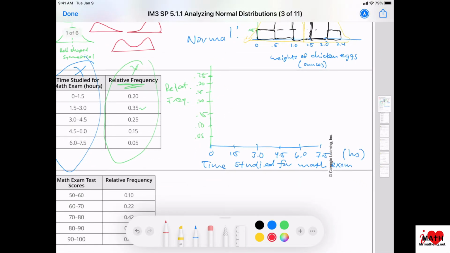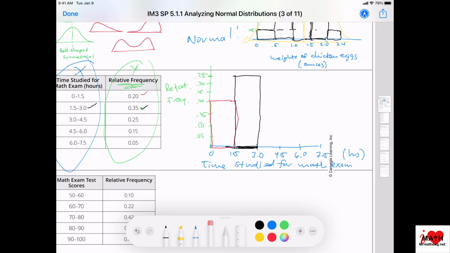Okay, so then we just go through. I have that 0.20. And then I have one at 0.35. And you'll notice my bin here, 1.5 to 3, which is over there. And again, erase those dotted lines to clean it up.